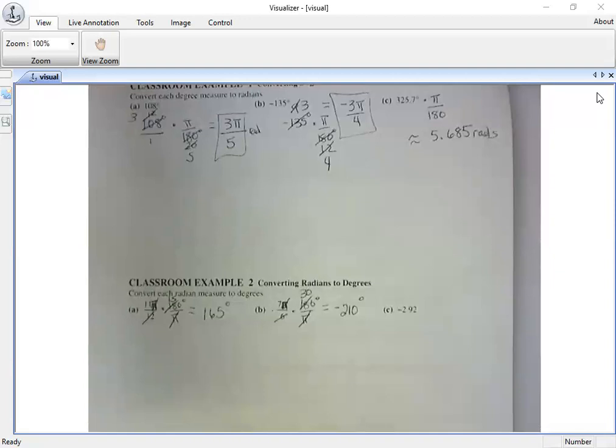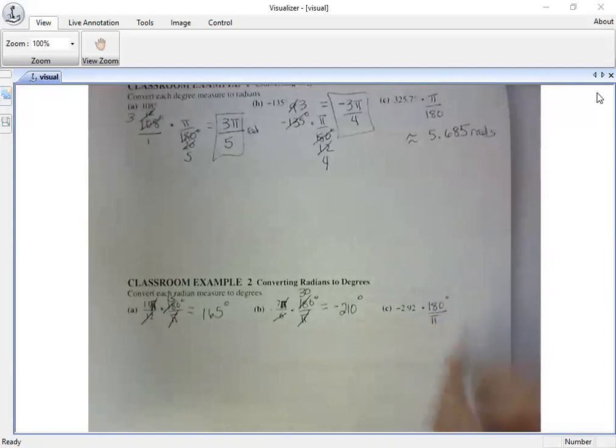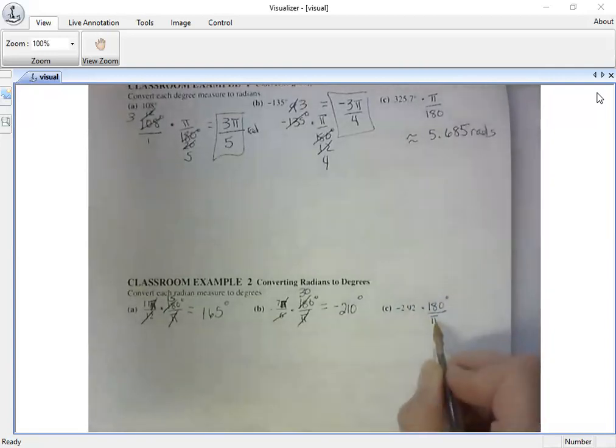It's been rounded. Do we still use the conversion? Yes, we do. Now, watch what you would have to do here. Since that had already used the conversion from the calculator for pi into some decimal number, we're going to have to also put pi in the calculator and use the decimal approximation when we clean this up.